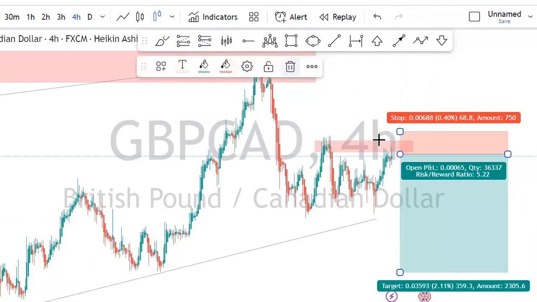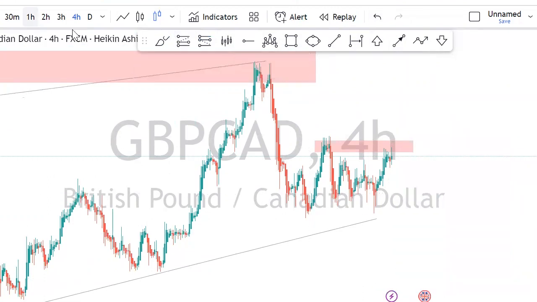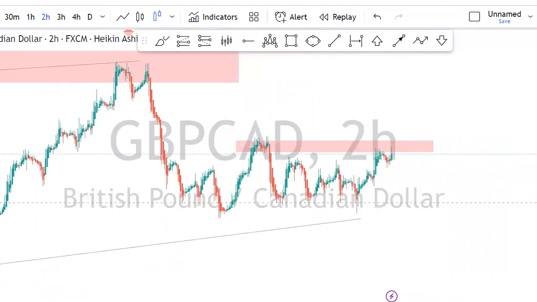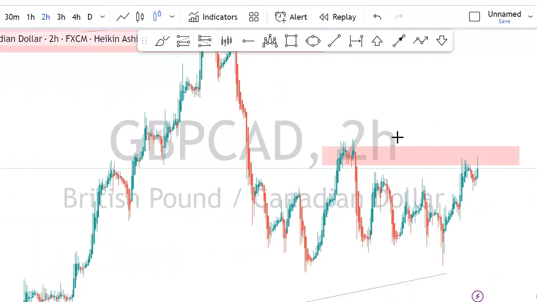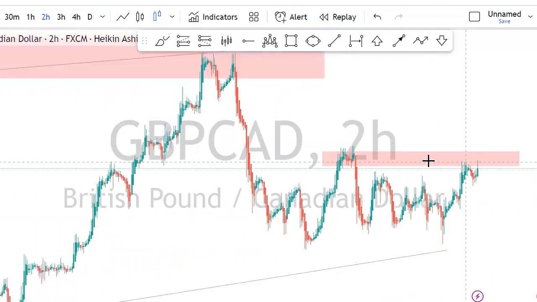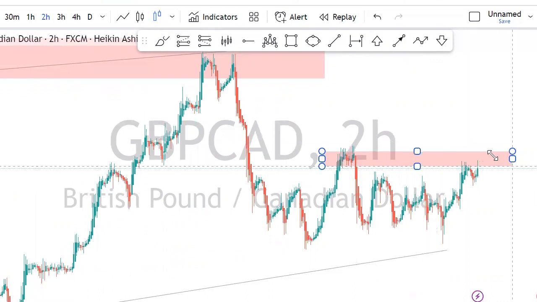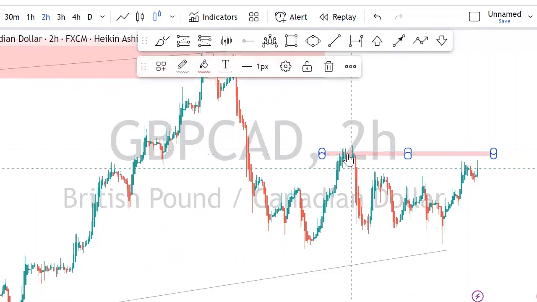Okay, that's fine. So this is just a matter of a waiting game, and as you can see, if I scale down to the 2-hourly time frame, we're just a few pips shy from the highest point of this previous high.